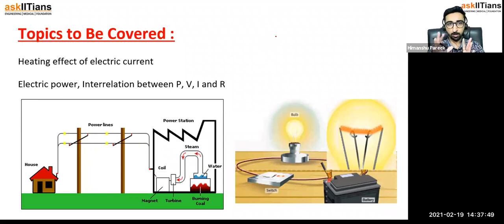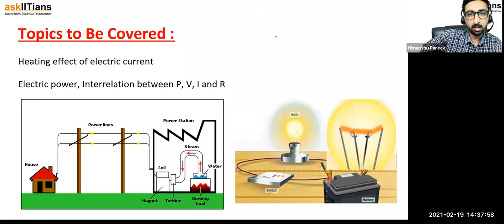All those things you will be able to calculate with the help of this topic. So the topic name is heating effect of electric current, and then later on we'll go to the electric power interrelation between power, voltage, current, and resistor. These are the things I'm going to discuss with you in today's class.